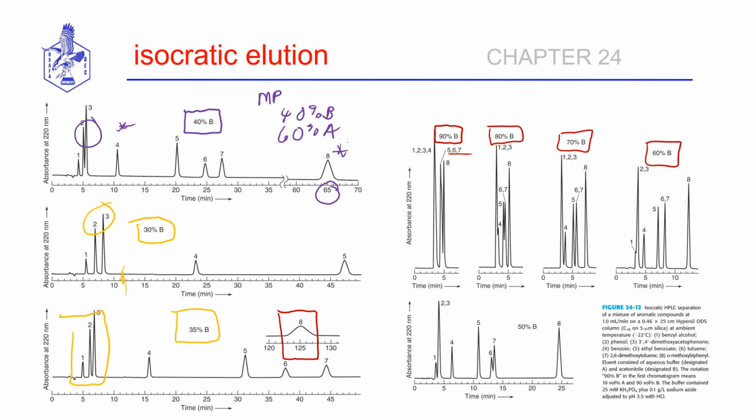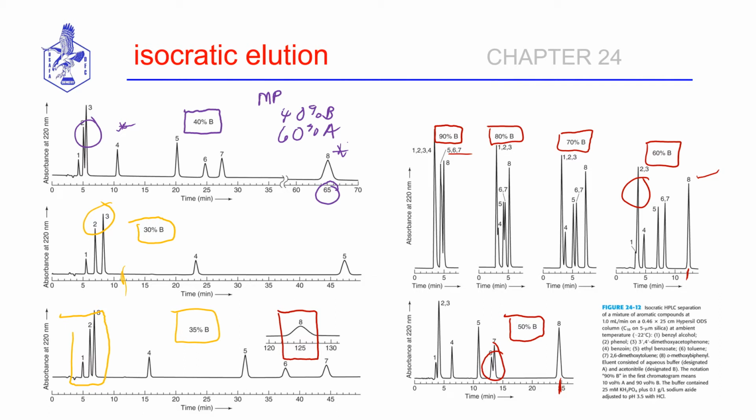Notice that I'm getting my component 8 off in a much better time frame, maybe 12 minutes here. But I don't have resolution of peaks 2 and 3. And here's the scenario for 50% B, 50% A. 8 is coming off in 25 minutes, and I'm not getting resolution between 6 and 7.